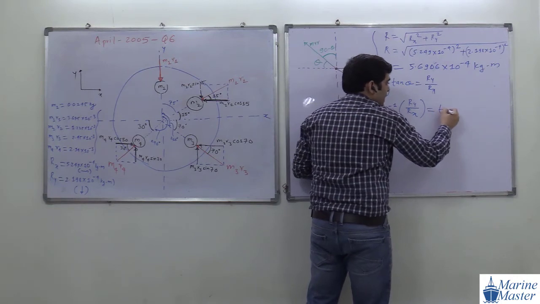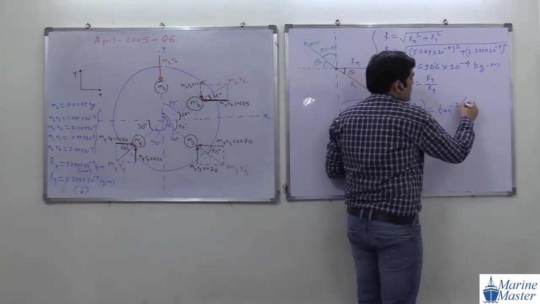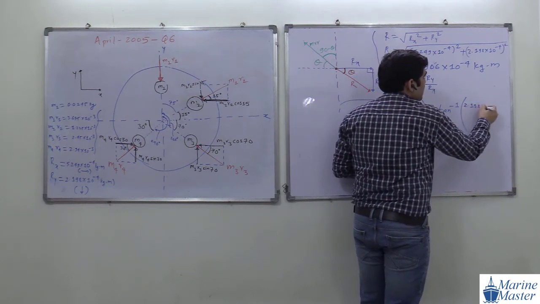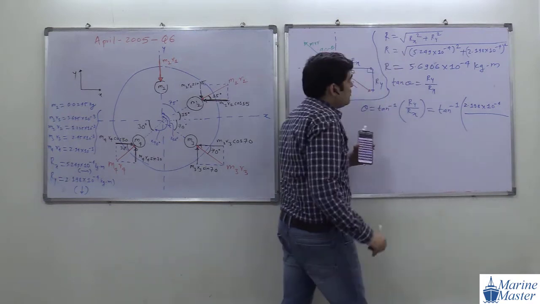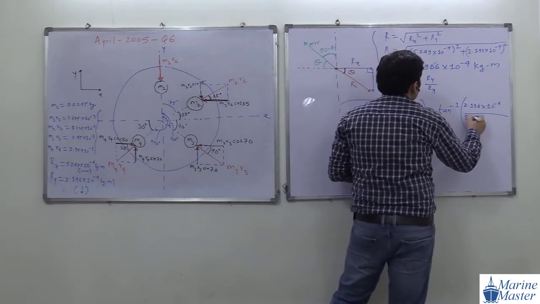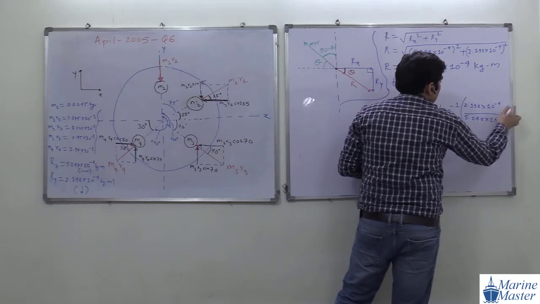Ry is 2.198 into 10 raised to the power minus 4, Rx is 5.249 into 10 raised to the power minus 4.